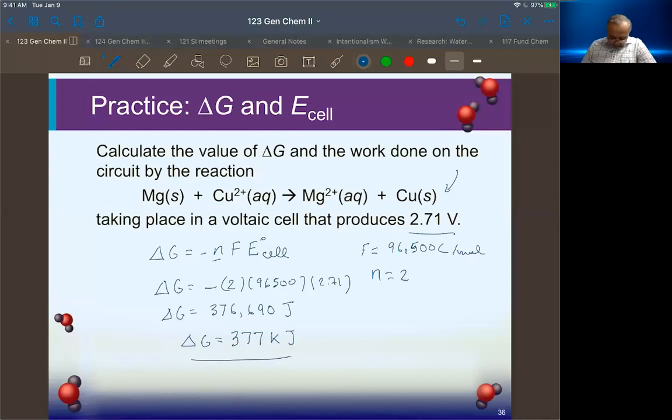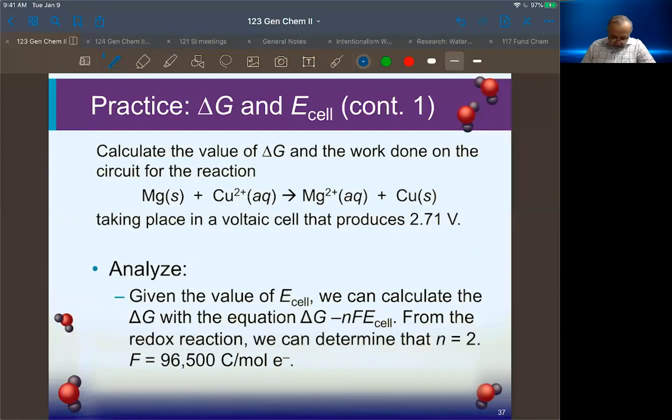Okay, let's see what they did. Yep, they have the Faraday's constant. They have the equation for the cell. They have the number of electrons. And that's all you need to be able to calculate. Oh, yeah, of course, they have the voltage as well.